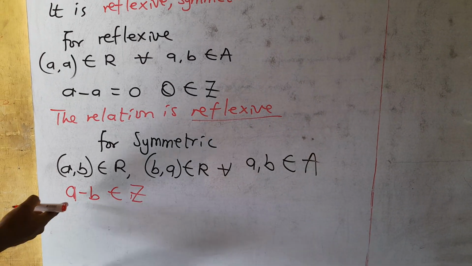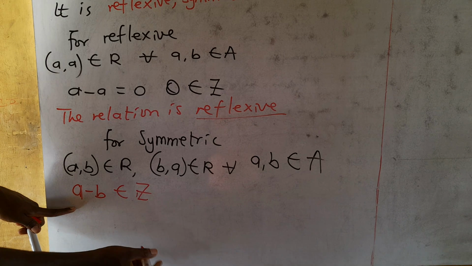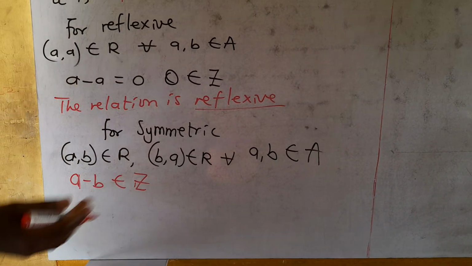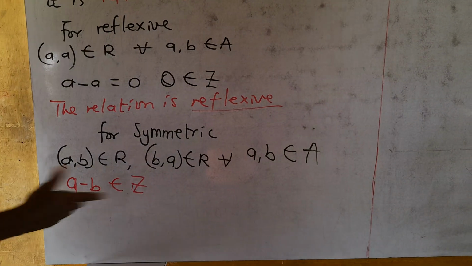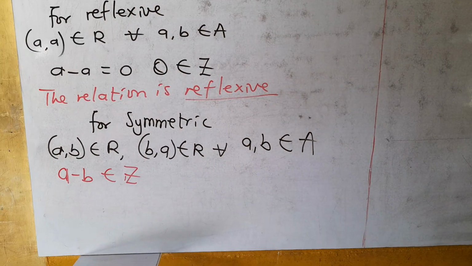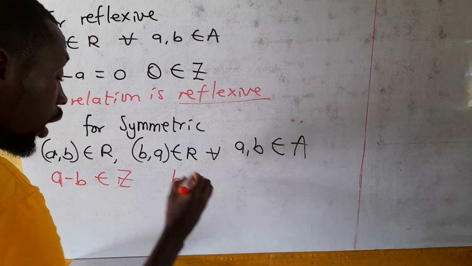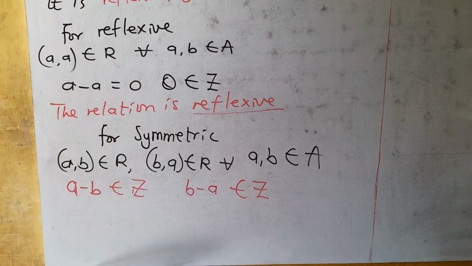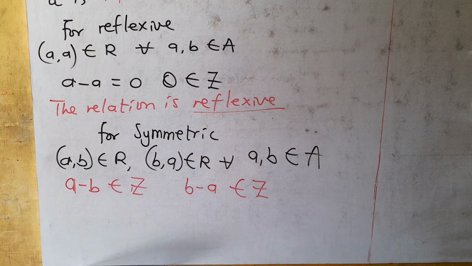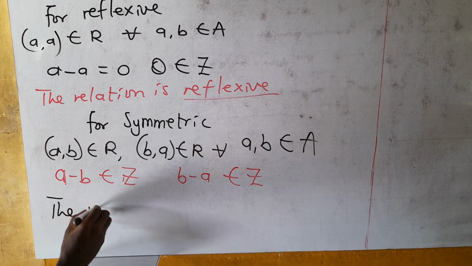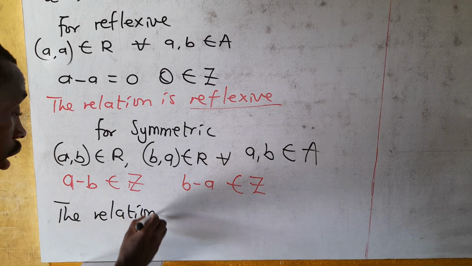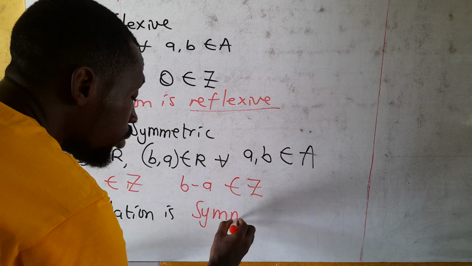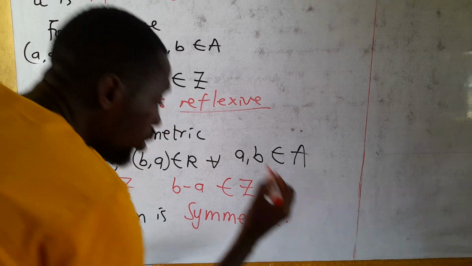So if A is 5, B is 2, 5 minus 2 is 3, and 3 is an integer. For all numbers in the world, it will be an integer. Then we check B minus A. B minus A will also be an integer for all. Sure. So we can say the relation is symmetric. I hope you get it.